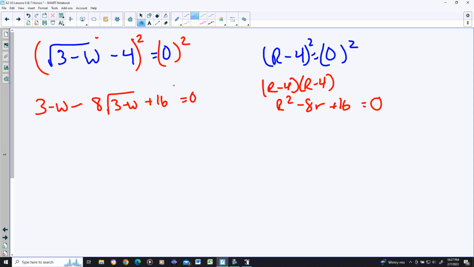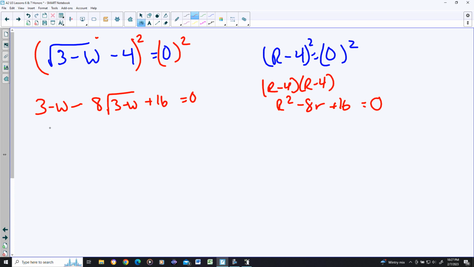Notice we squared both sides and the radical's still there. That's part of the issue that we have here. Yes, one side had disappeared, but a more radical term popped up. So am I going to have to ultimately square both sides again? Yes. So now we have to isolate the radical part again and then square the equation again.